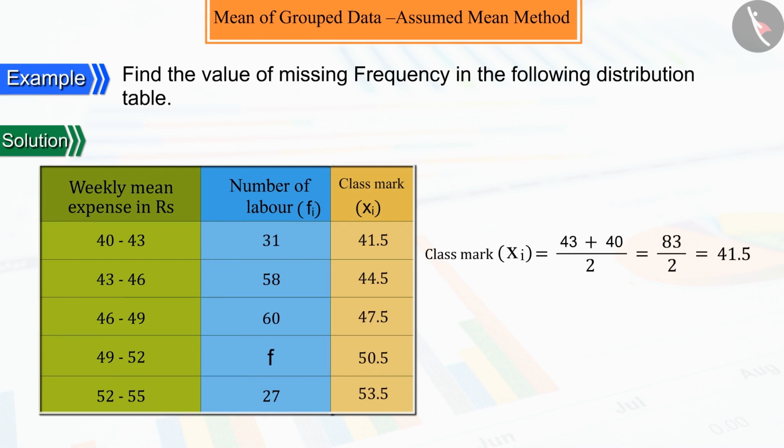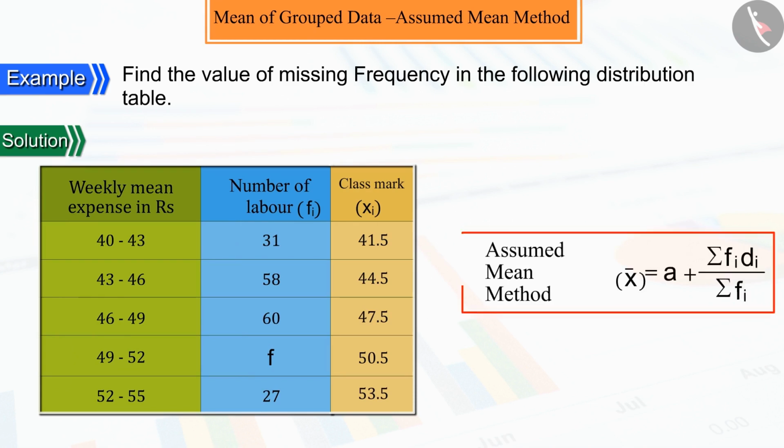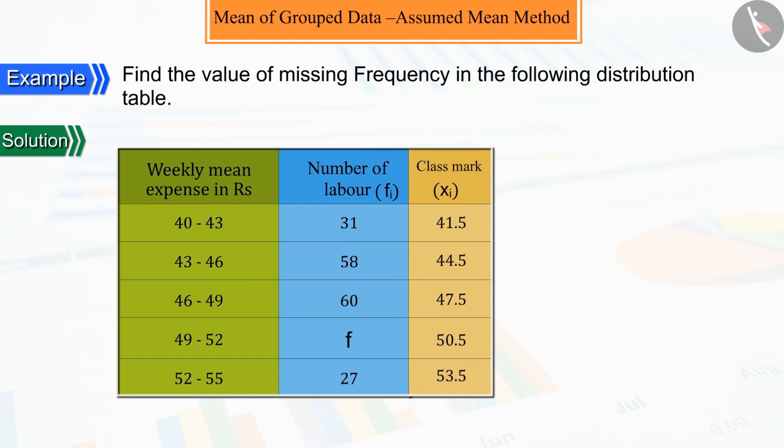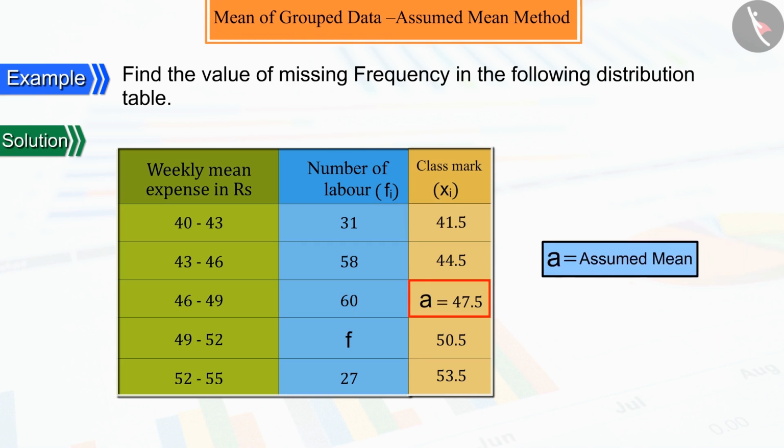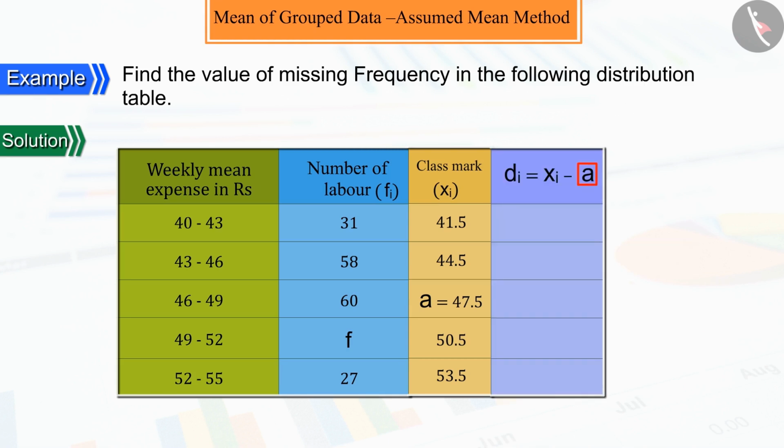As you know, to make the calculation easier, we choose the assumed mean method. On that basis, we need an assumed mean here, which we choose from xi. Suppose here the assumed mean, that is A, is equal to 47.5, with the help of which we find the difference di between A and each xi.